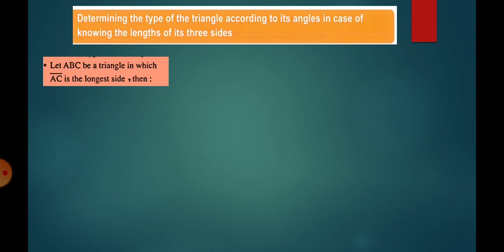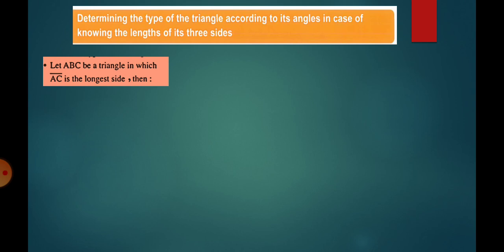To determine the type of the triangle according to its angles, number 1: let ABC be a triangle and AC the longest side. Here we find the square of the length of the greatest side, and find the sum of the squares of the two other sides.